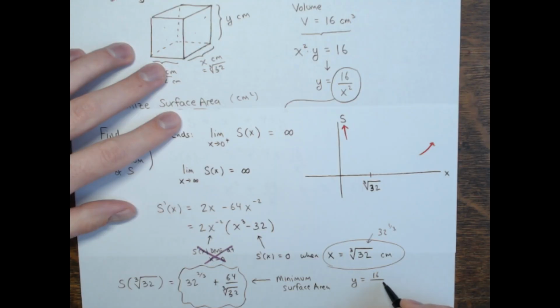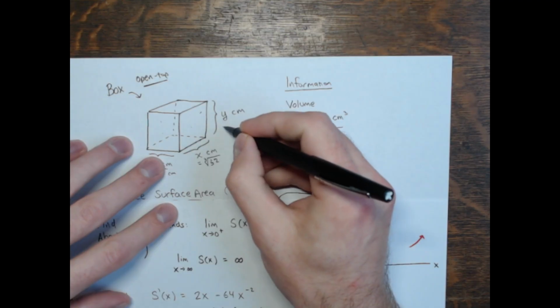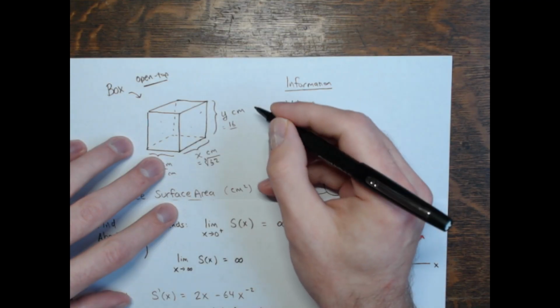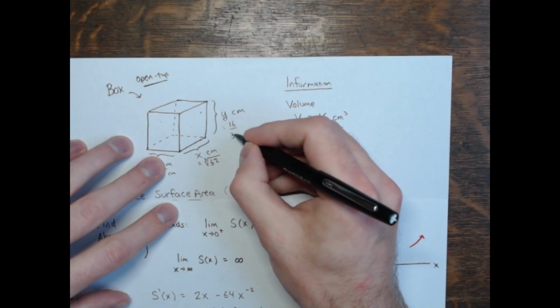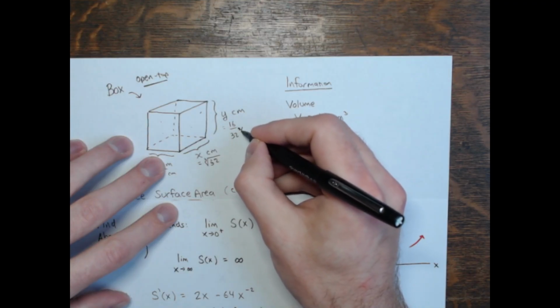So 16 divided by 32 to the 2/3 power. That would have to be the dimension of y to give me this minimal surface area box. They said put an exact answer, so I'm just going to type that in as long as it's equal.